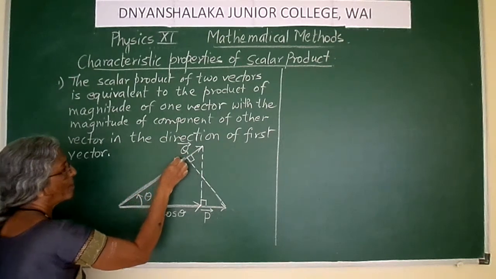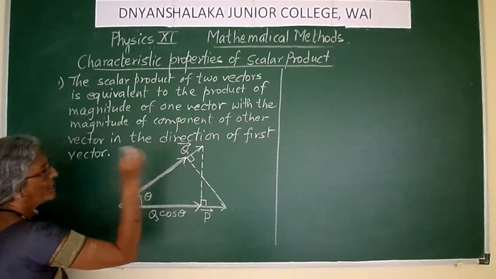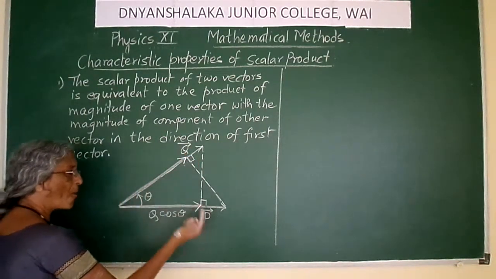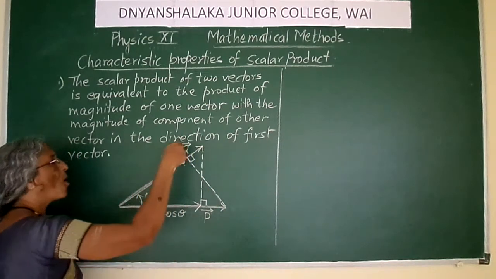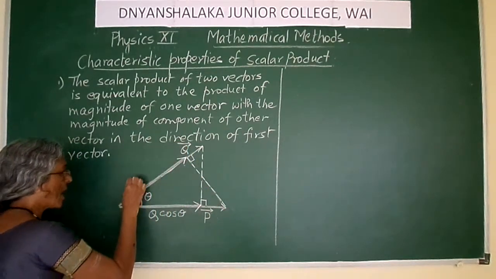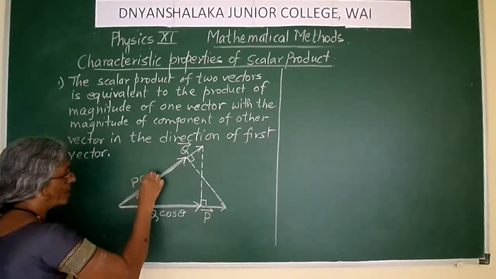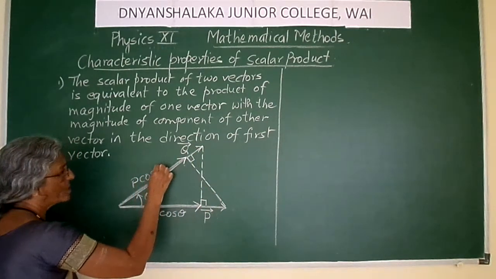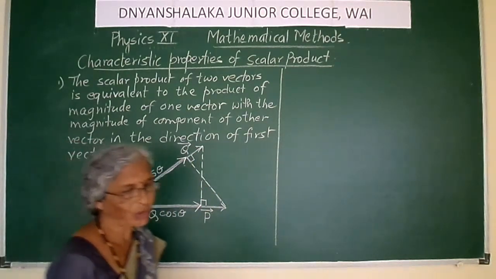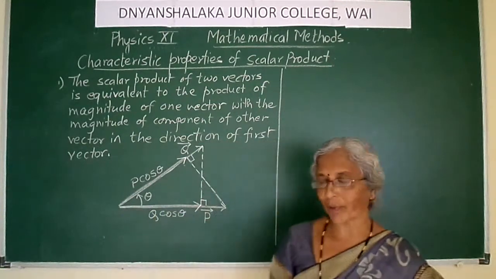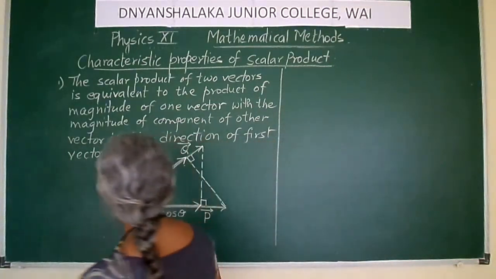Up to this perpendicular. This is the component of vector P on vector Q, and I write this component as P cos theta.